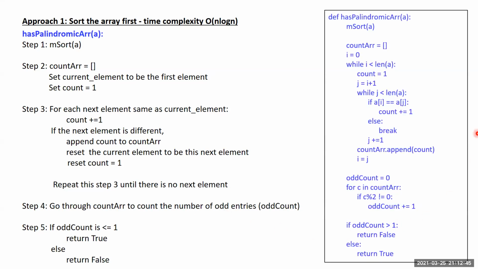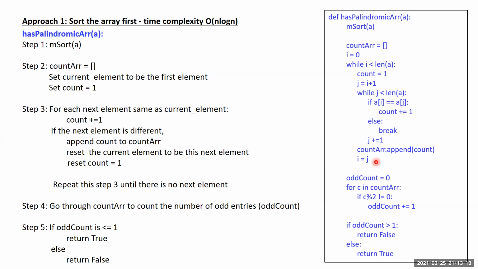So here is the Python code for doing this part. You can actually see how the two while loops are being used to control such that you can scan through the array just once to count the number of occurrences of each element. Although it's a nested loop, it looks as if it's n squared, but actually this loop just goes through the array once.